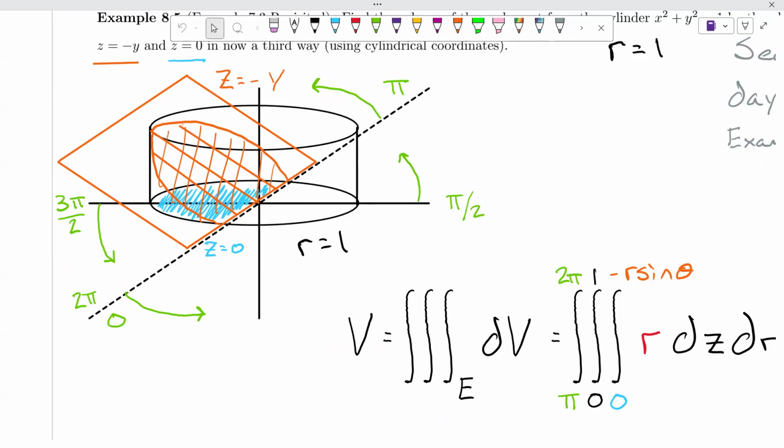So the major angles for theta are drawn in green, starting from 0 on the positive x-axis, and then working counterclockwise from above to go around the whole plane. So the positive y-axis is at pi over 2, negative x-axis is at pi, negative y-axis at 3 pi over 2, before returning to the positive x-axis and coming to 2 pi. So 0 radians and 2 pi radians both are going to point in the same direction.